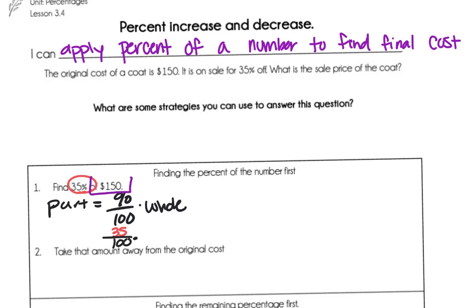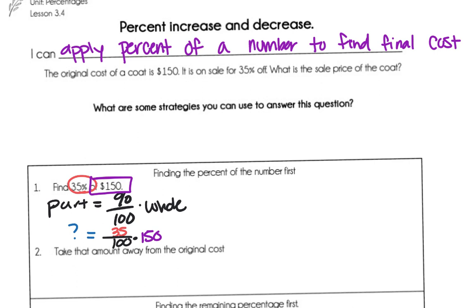Then of 150, that's the original amount. So it means that we're looking for the part. And when I don't know the part, we can use that to solve for it.